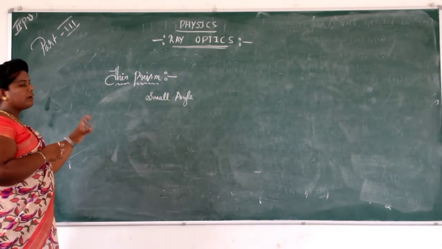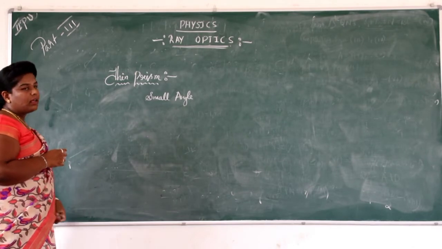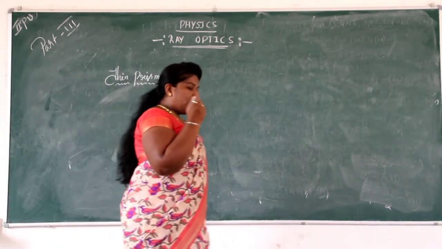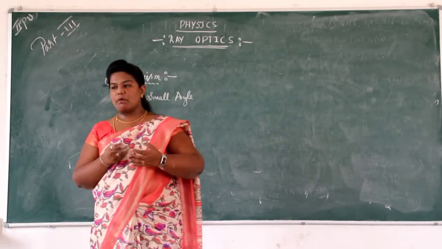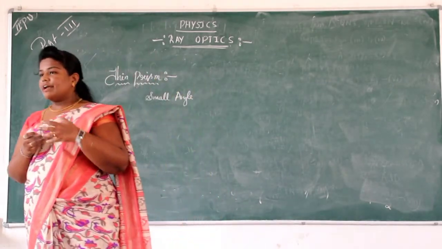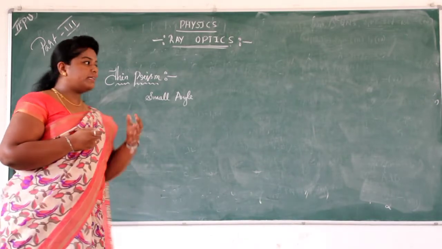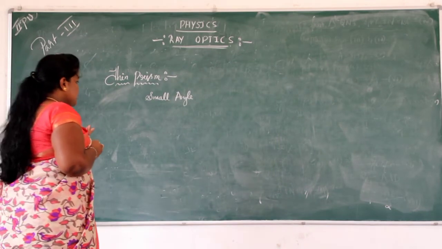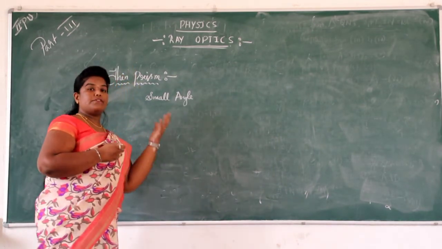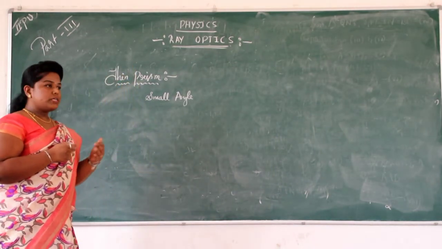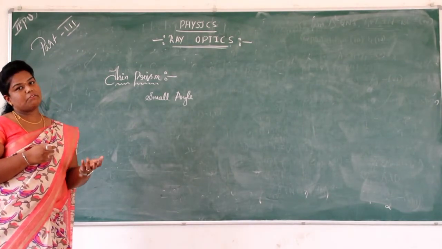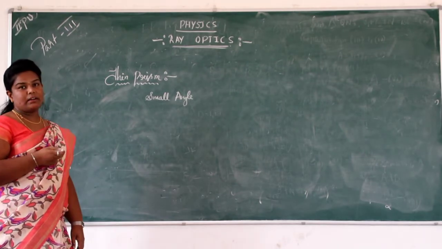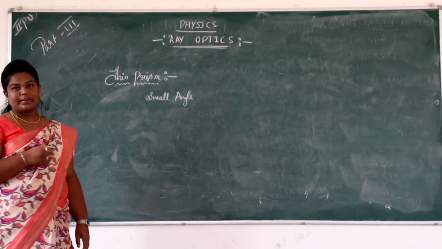If the angle of the prism is very small, then the deviation produced also becomes very small. So there is no need to consider the values of sin i and sin r. We can simply write that sin i is equal to i itself, and sin r is nearly equal to r itself.